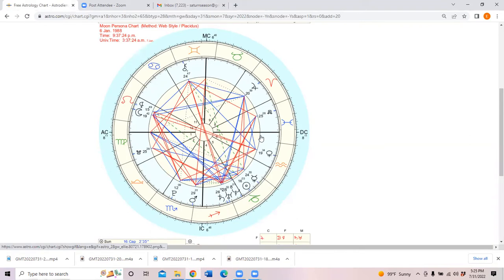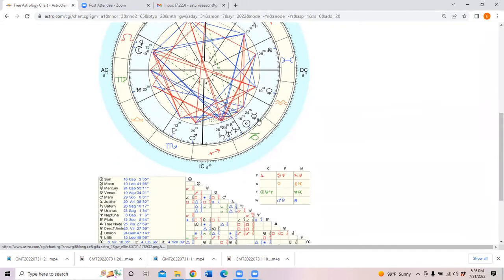It'll conjunct natal Mercury, the natal sun, the natal angles, the nodes, asteroids, all of it. So when the transiting sun is conjunct Mercury at 24 degrees Capricorn, 55 minutes and 11 seconds, that date and time is how you find the persona chart.